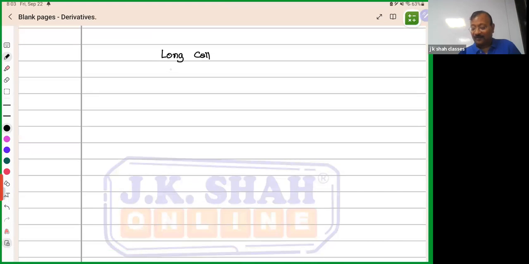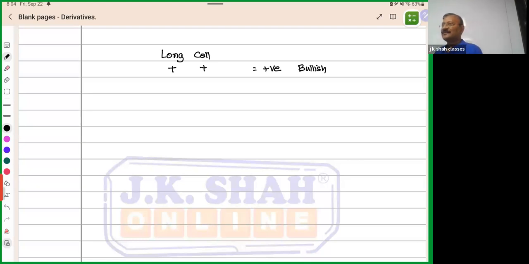Now understand, for long, what will be the sign? And what is the sign of call? Plus into plus, positive, which means you are someone who's positive on the market. You call him bullish, no? Someone who's pessimistic on the market, negative outlook. Bearish, okay. If you do a short call, understand, short means sell, minus, the sign of call, minus into plus.